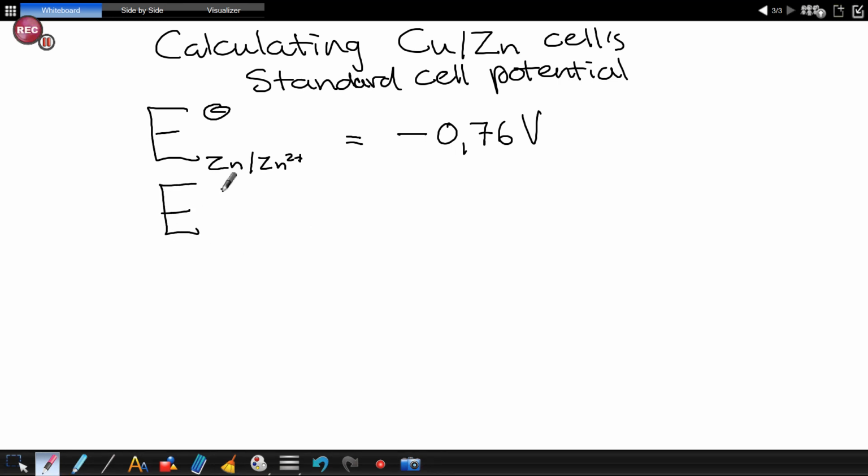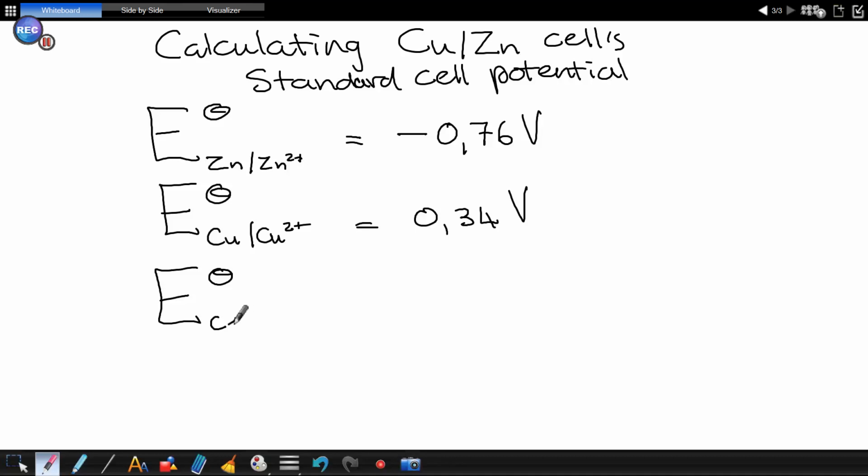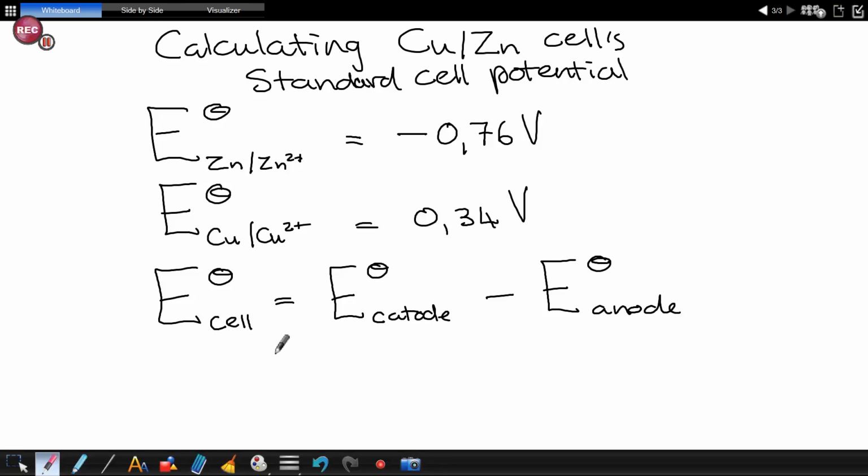What's the standard electrode potential for the copper half cell? It is 0.34 volts. Now the cell potential would be the cathode's potential minus the anode's potential. Cathode was copper, am I right? 0.34.